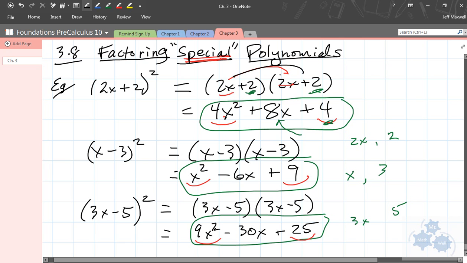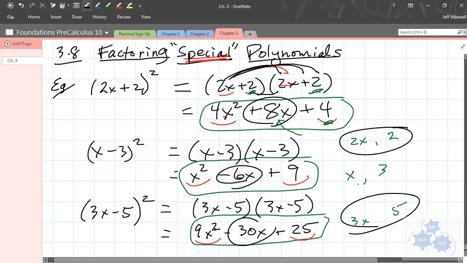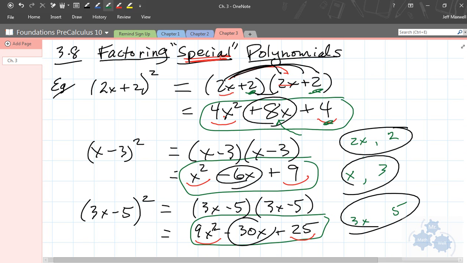Why? Because 2x times 2x, and then you got 2x times 2, and you got 2x times 2. Okay? All right, so what do we notice about these pairs and about the middle terms? So that, and this, and this.